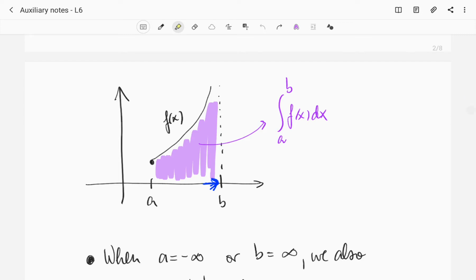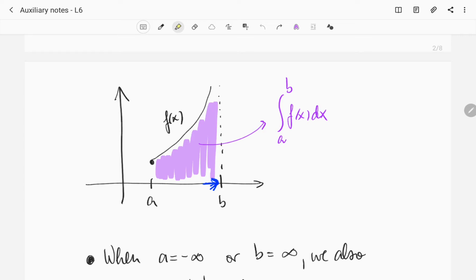So we have a picture here. Imagine that we have this f, which is defined in a and in every value here, but not in b. And we can compute this integral as the limit of the integrals up to, let's say, c here, strictly less than b. Then we can take any c, and taking any c means that we are taking the limit when c approaches b from below.